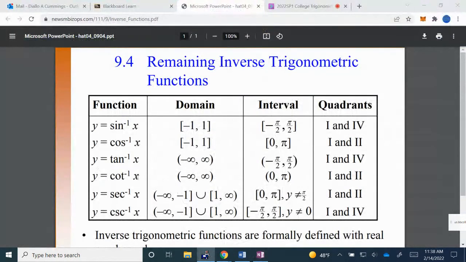And then we have the reciprocals, the arc cotangent, the arc secant, and the arc cosecant. But we're going to concentrate on the first 3.